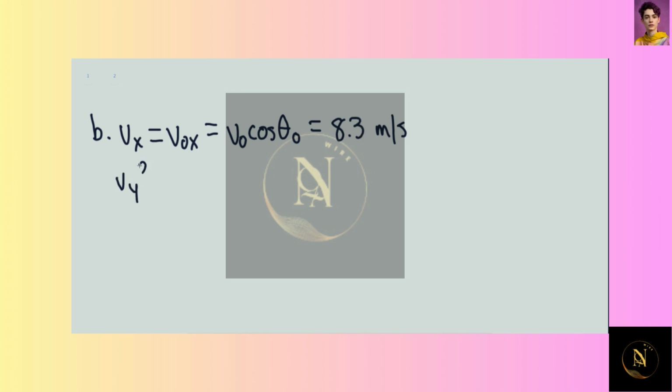Vy final squared would be equal to v initial y squared plus 2 times the acceleration in the y direction times delta y. Here we're going to use upwards as positive, so acceleration in the y direction would equal negative 9.80 meters per second squared.